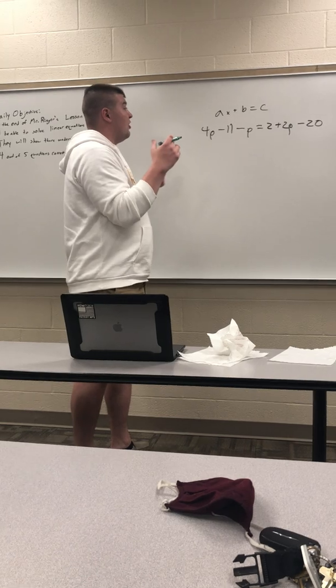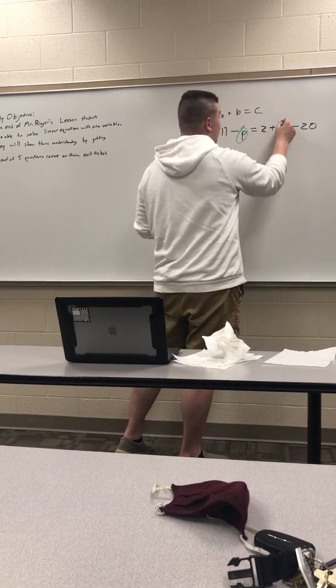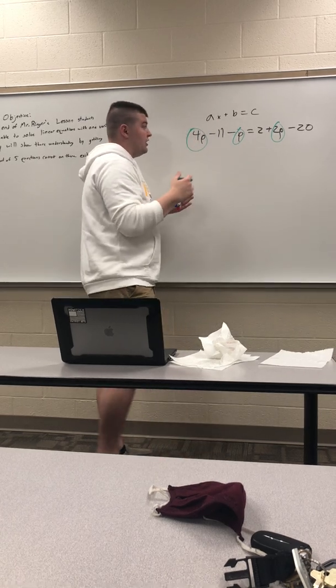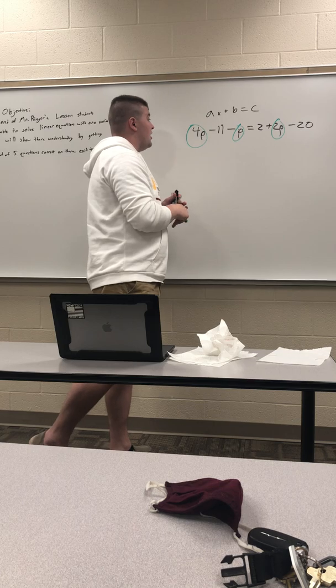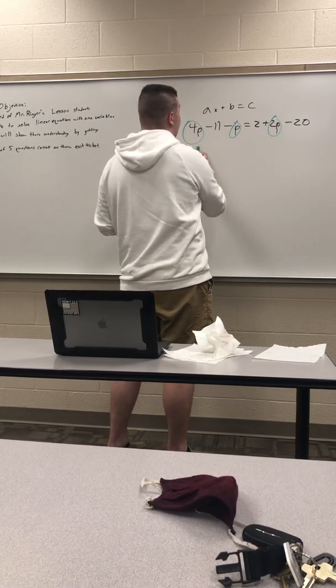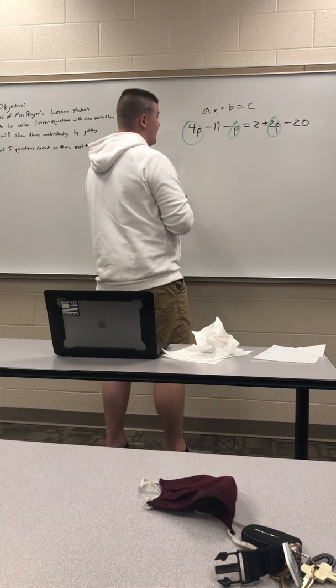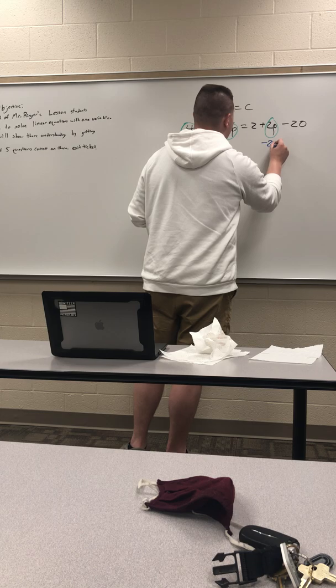Okay, let's look where our variables are. We got one here, here, and here. Okay, we want to make sure all of them are together. So what's the easiest way? Should we subtract them or move them to each side? Look here, let's just subtract the 2p here and bring it over. So we'll do that. 4p minus p minus 2p.